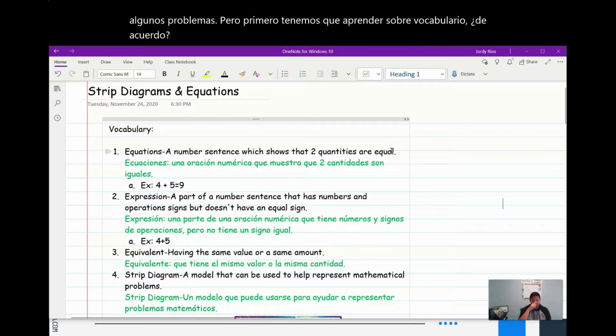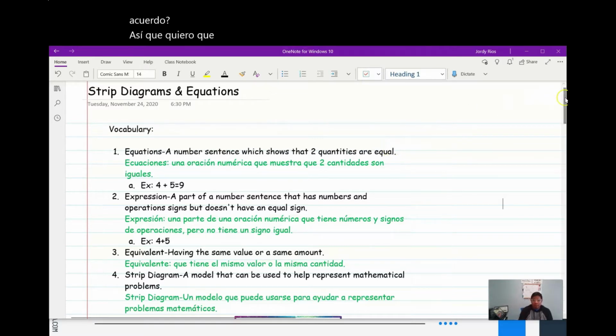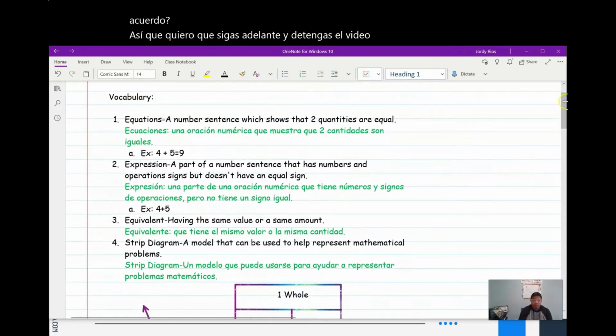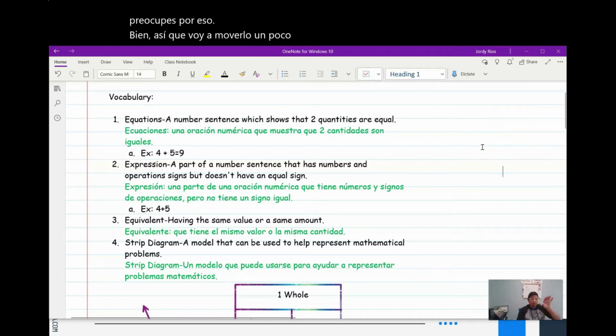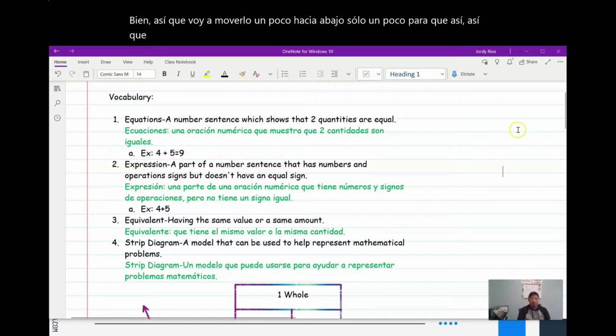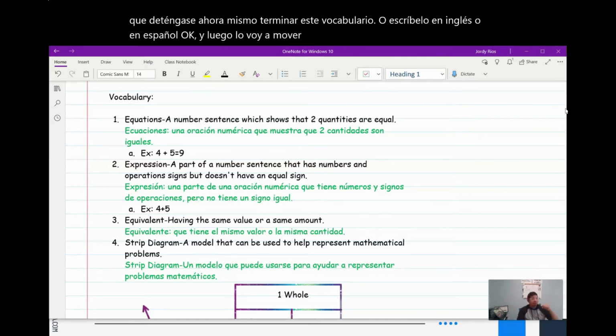So I want you to go ahead and pause the video and write down the vocabulary. I have it here in Spanish and English, so don't worry about it. I'm going to move it down just a little bit, so pause right now, finish this vocabulary, either write it in English or in Spanish. Then I'm going to move it so you can pause again. Oh, excuse me.